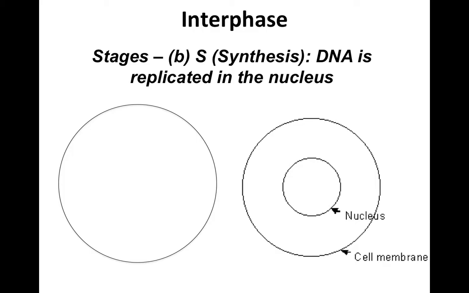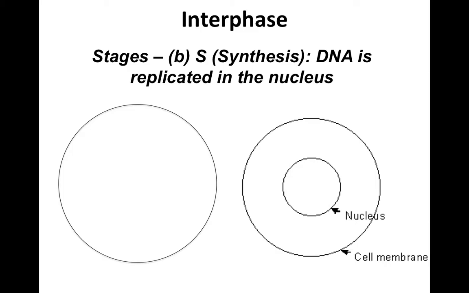This is where DNA is going to be replicated. See, Madeline doesn't like synthesis either. She thinks it's ridiculous. So DNA is going to be replicated in the nucleus. So what we talked about yesterday, where you make an identical copy of that DNA, that's happening here during this stage. S, synthesis.